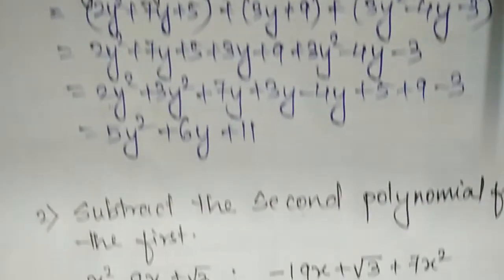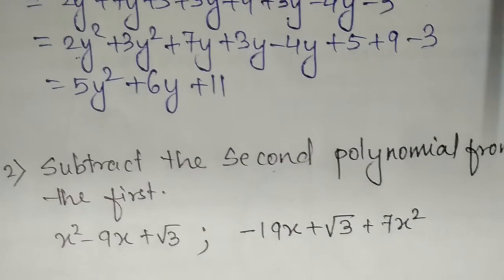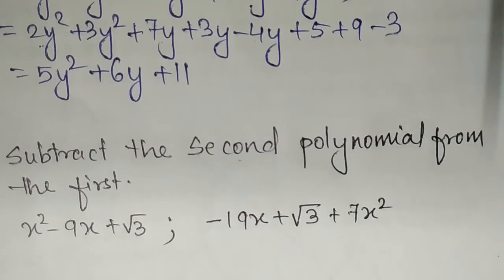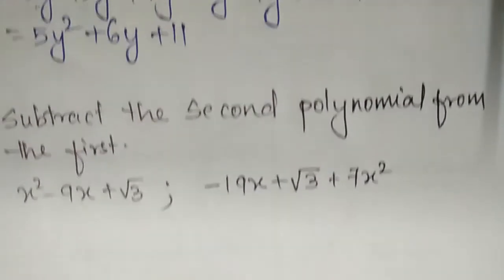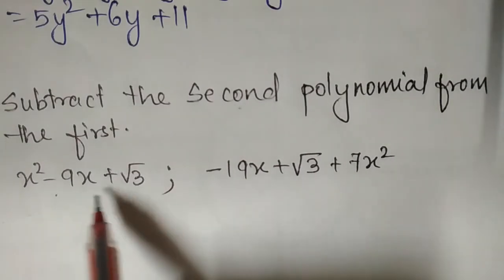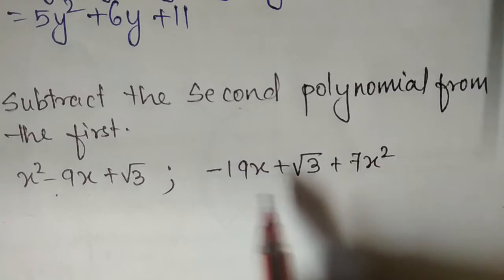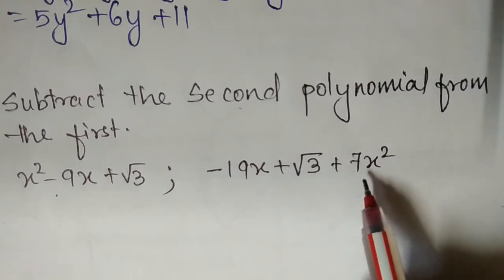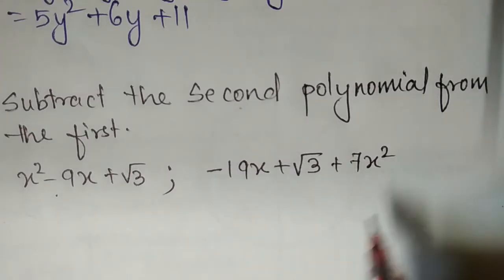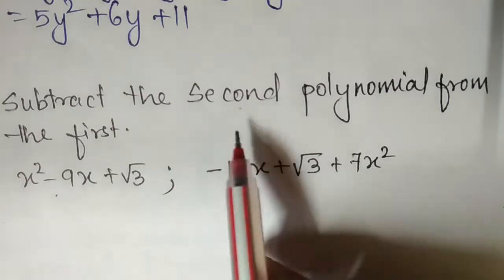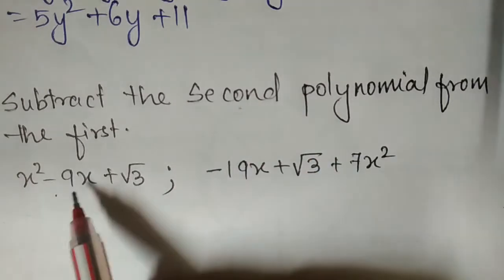So the next question is to subtract the second polynomial from the first. The question is x square minus 9x plus root 3, and minus 19x plus root 3 plus 7x square. So here, what is the question? Subtract the second polynomial from the first.